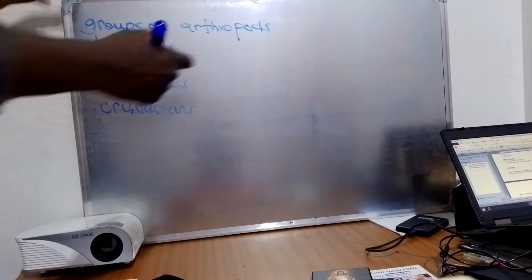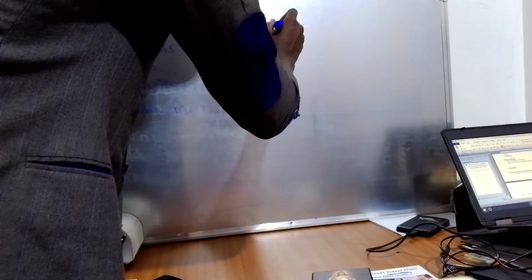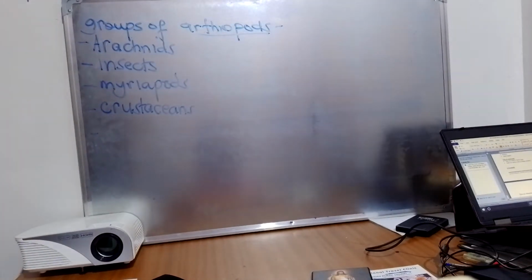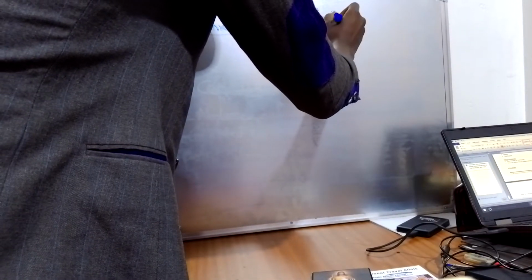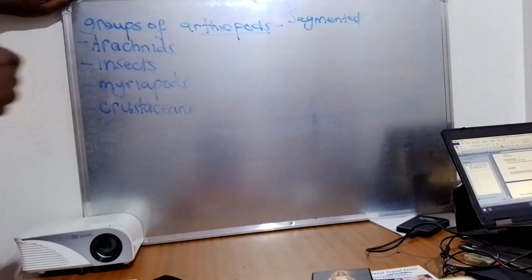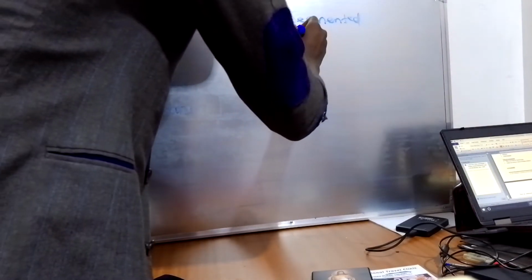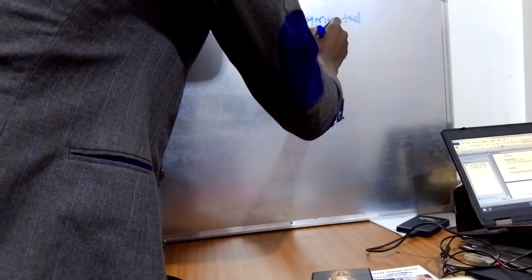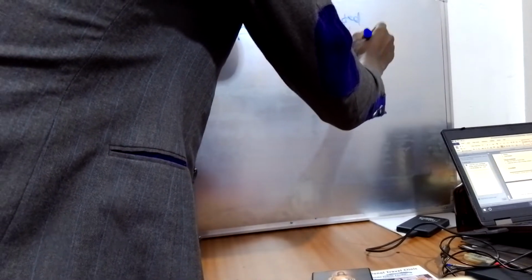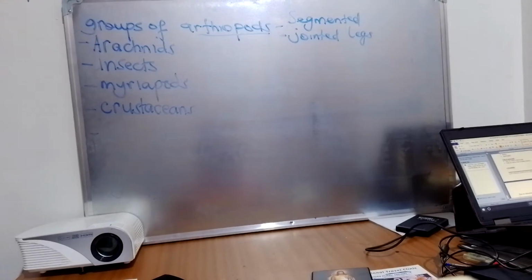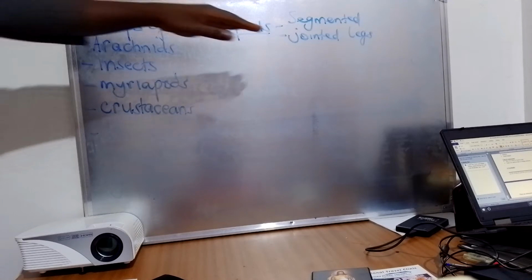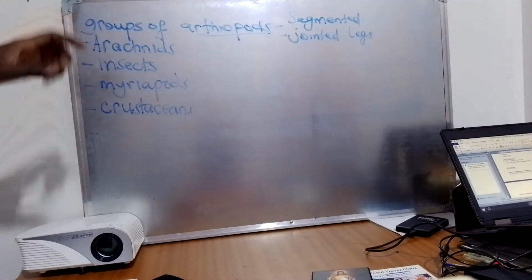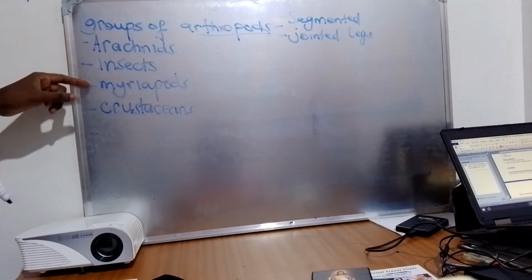If you remember, in the definition of arthropods, we say that these are organisms whose bodies are segmented and they have jointed legs. These are the main features of arthropods: segmented body and jointed legs. And they are grouped into 4 groups.